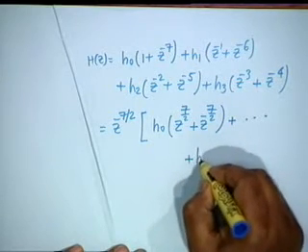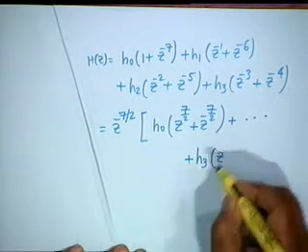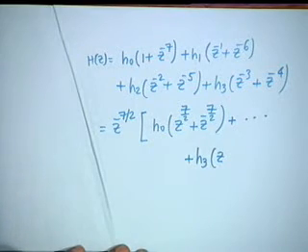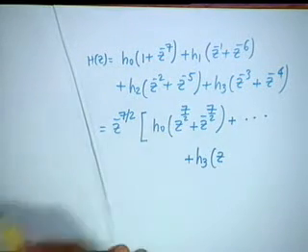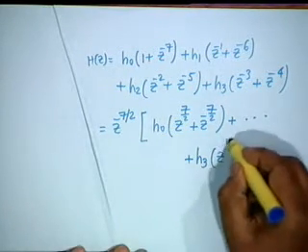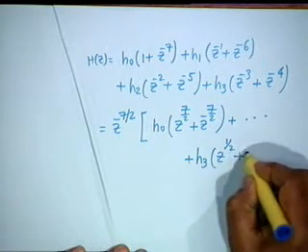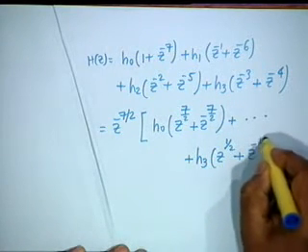The last term would be h3 (z to the half plus z to the minus half), yes, I have taken minus 3.5, agreed.